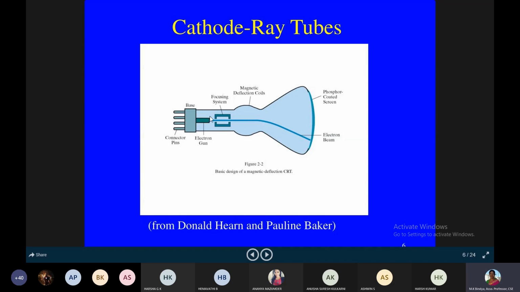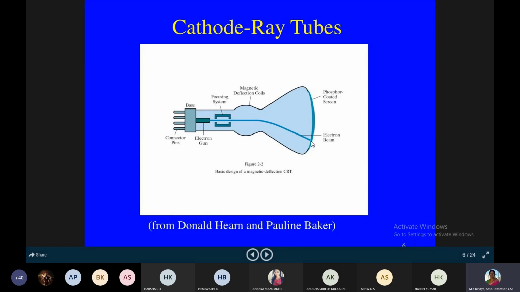That means the electron beams generated from the electron guns pass through the focusing system and magnetic deflection coil, and then hit the phosphorus coated screen. When it hits, a light is emitted on the screen, but that light will not last for a long period and rapidly goes off.